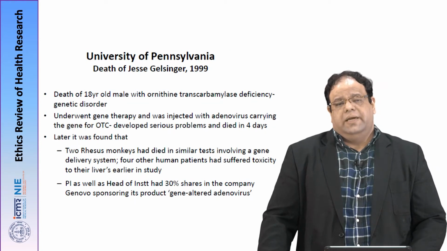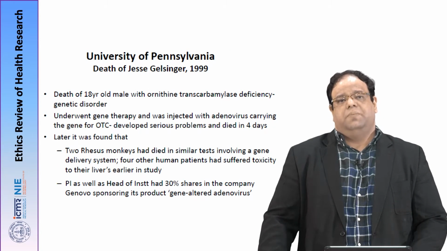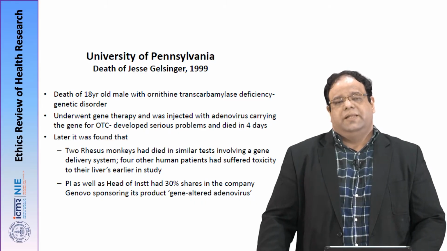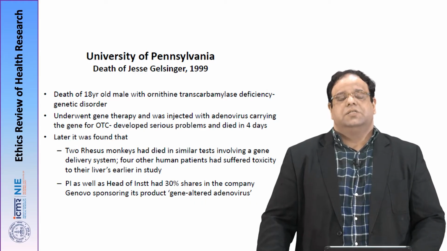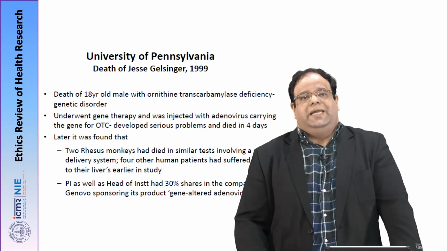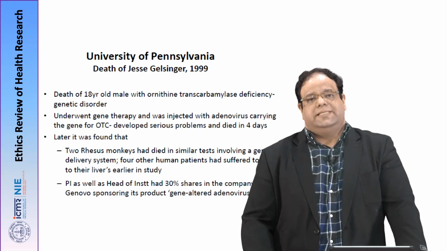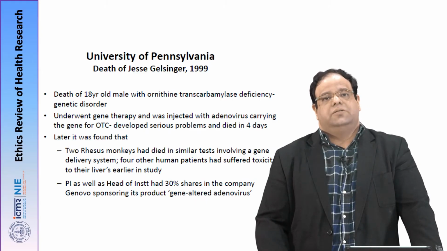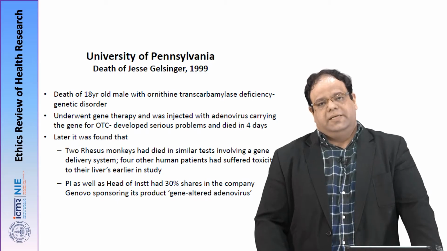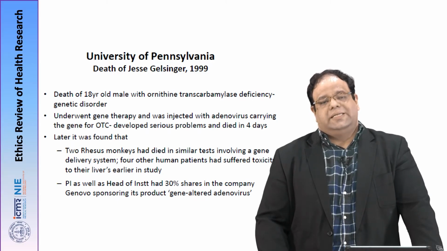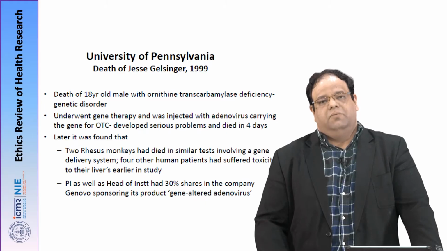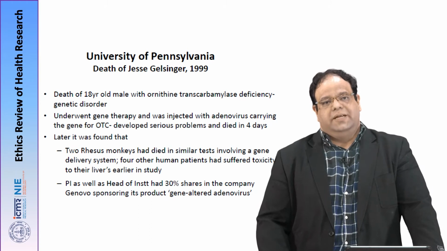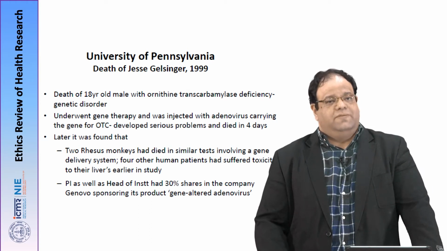Now, here is another example of how this operates: the issue of conflict of interest at the level of academic research with ties to industry. In 1999, a famous case happened. Jesse Gelsinger was a young 18-year-old who had a genetic disorder called ornithine transcarbamylase deficiency. He underwent gene therapy at the University of Pennsylvania and was injected with an adenovirus carrying the gene for this condition, which was developed by a company called Genovo.